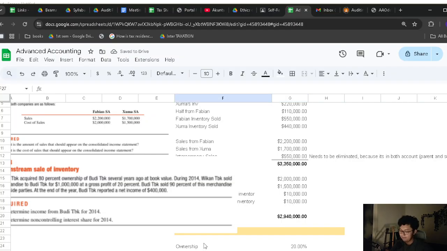And Booty only sold 90% of its inventory. I'm always getting this wrong. My bad, guys. 90%, and they reported a net income of 400. So the logic here is that, and I'm getting it wrong again.